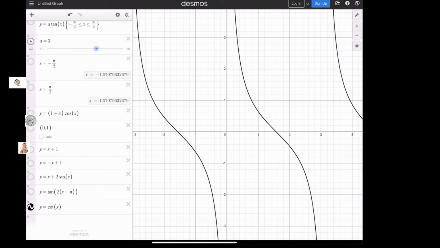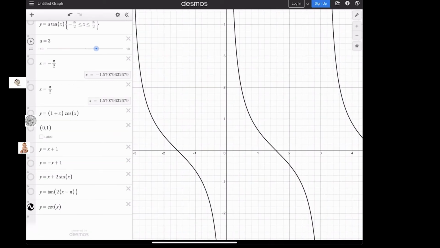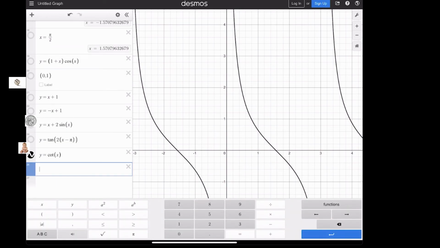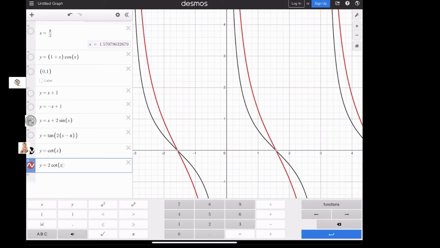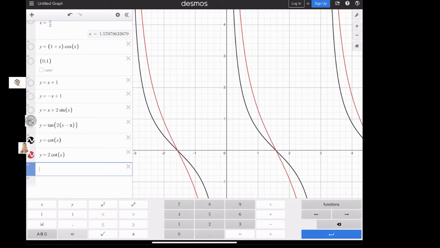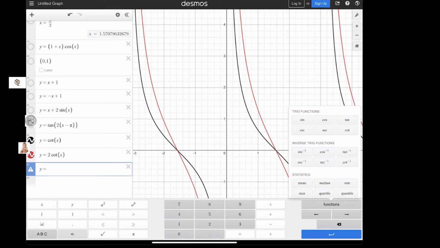Okay, again, cotangent's periodic. We're going to see what that looks like. And then if I just said to you, okay, what if I had y equals, for example, 2 cotangent, and then you have y equals, for example, let's get our coefficient first, 0.5 for 1/2, right?